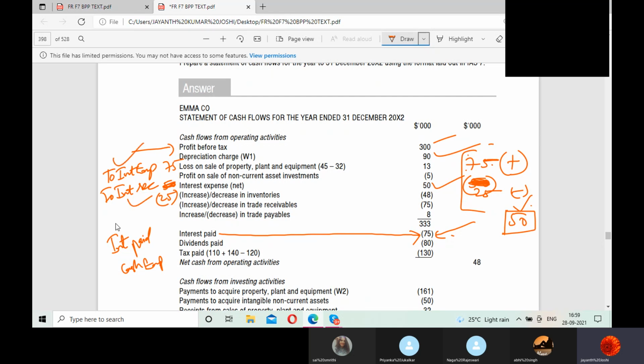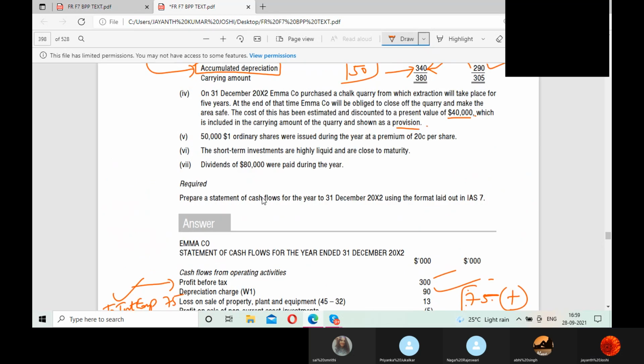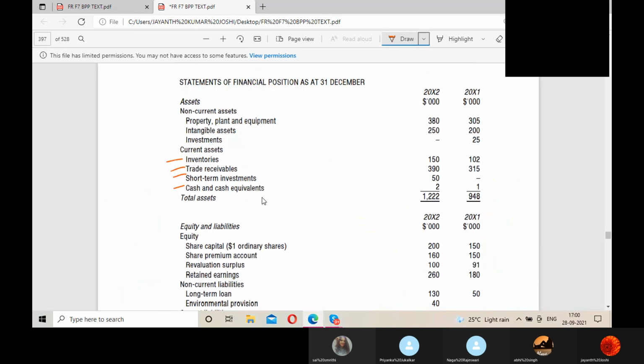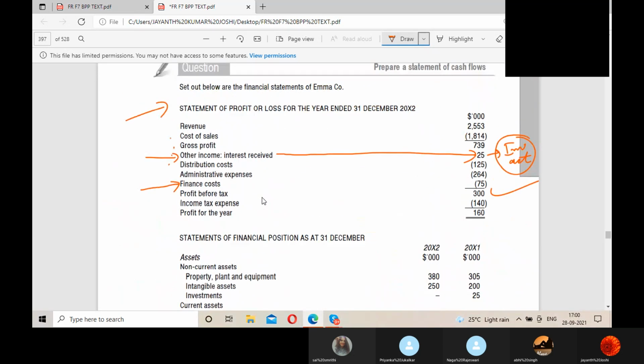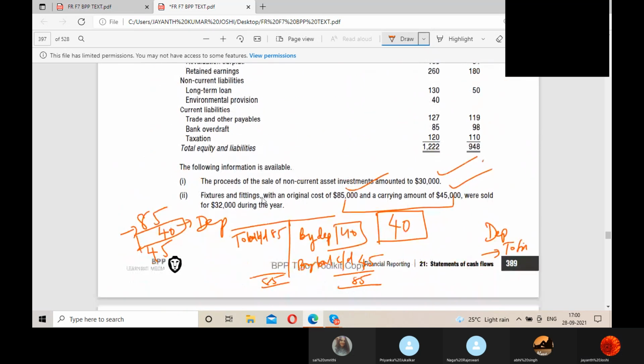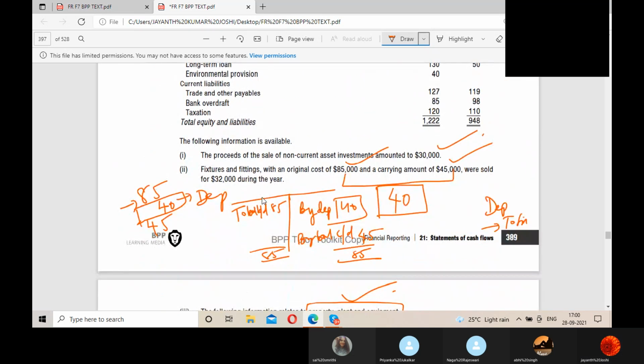That means this is covered up. Now, fixtures and fittings with an original cost of this much and carrying amount of this much were sold for this much.